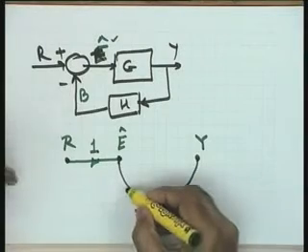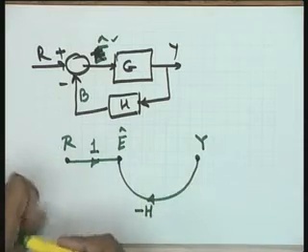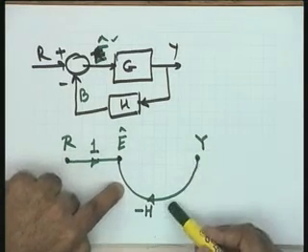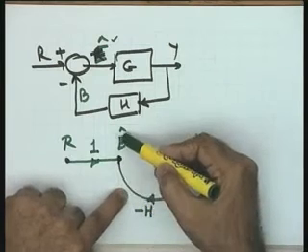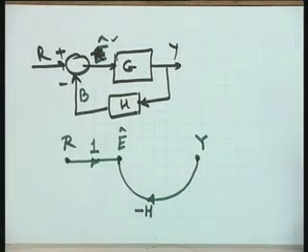You could have taken a B node, please, there was no problem, absolutely. So, I could have taken a B node here, then between B node and Y it is H, and between B node and E cap it is minus 1. But I have avoided it, because there is no need of an additional node. The system equations become evident with the help of this diagram.